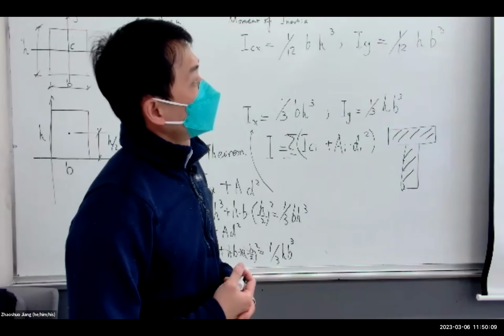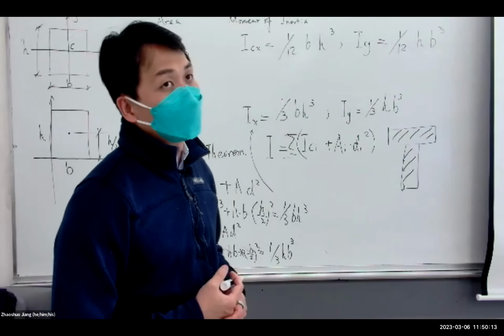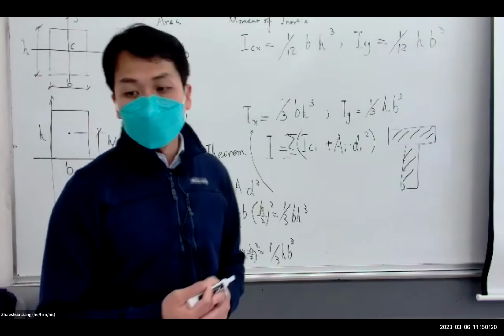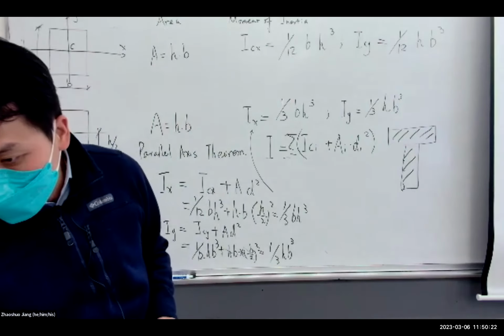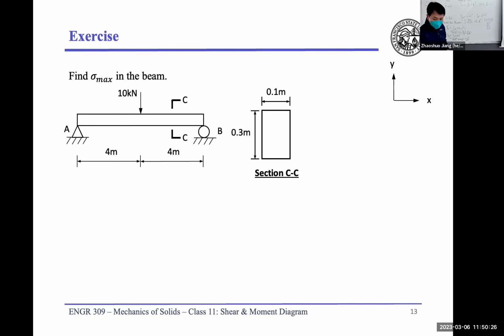The cross section is a rectangular section with a width of 0.1 meters, height is 0.3 meters. And I'm asking you to calculate what is the maximum normal stress in the beam. I'll give you some time to work on it, and then we're going to look at this together.